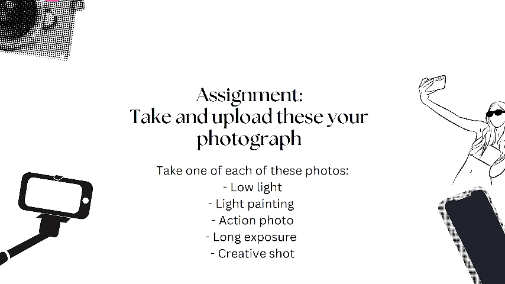Then an action photo, like the person that took the picture of that bouncing castle where people were moving around, pictures where there's a lot of movement. Use action mode, or if you are on iPhone, use burst mode. Then long exposure, and now I want to add a creative shot.